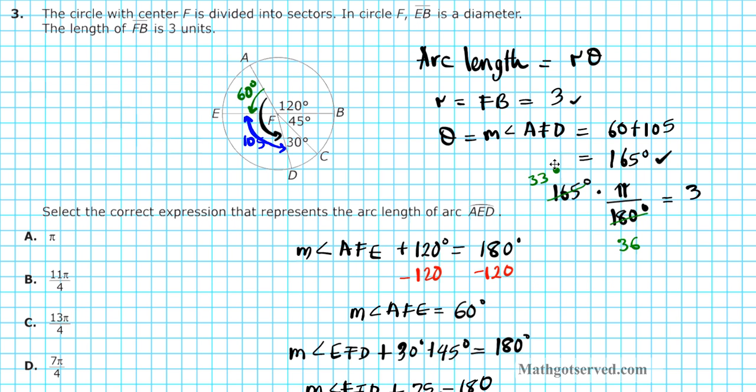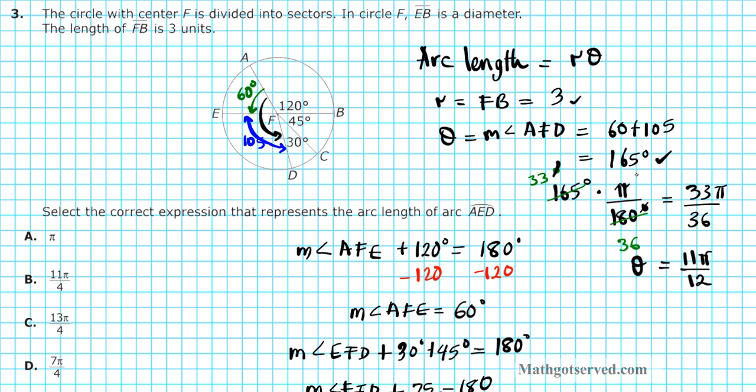Oh, the degrees cancel out. 33 pi over 36. Can we simplify further? The answer is yes. We can divide top and bottom by 3. If we do that, we'll have 11 pi over 12. So what is this? This is theta in radians.